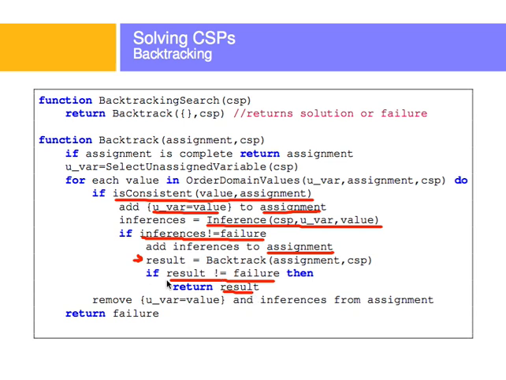Now, if this condition fails, or this condition fails, or a value is not consistent with the assignment, then other values are going to be tried. Once all the values are tried and nothing is consistent, we're going to remove that value and inferences from the assignment, and we're going to start with the next one, and so on and so forth. If all else fails, then we'll return failure if no solution is found.